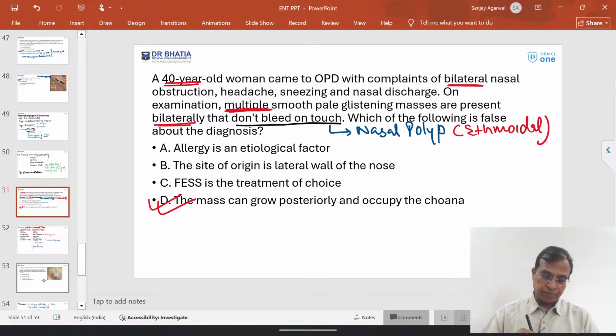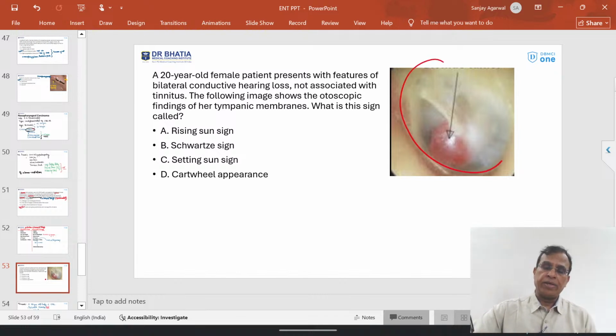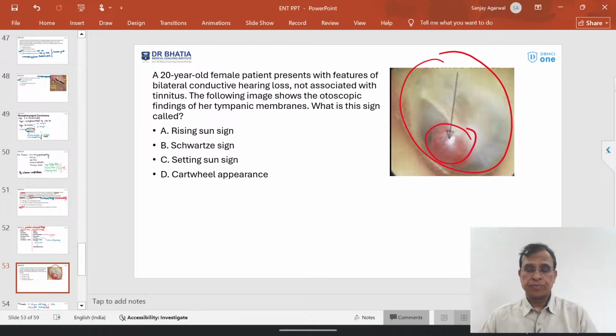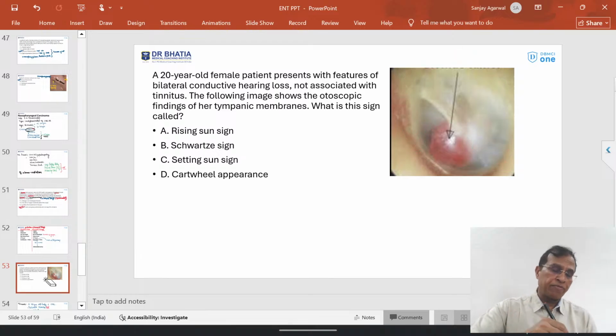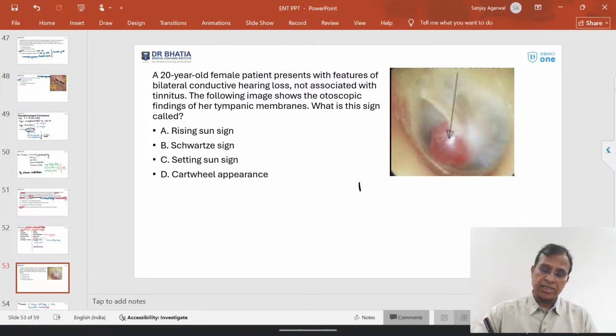Okay, once again. A 20-year-old female presented with features of bilateral conductive hearing loss, not associated with tinnitus. The following image shows the otoscopic finding. So ये image दिख रहा है, ये tympanic membrane है, उसके नीचे something red and something red coming from the floor of the ear like a sun is called rising sun sign.